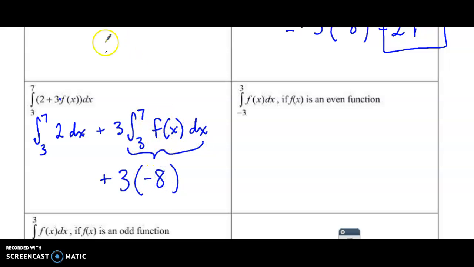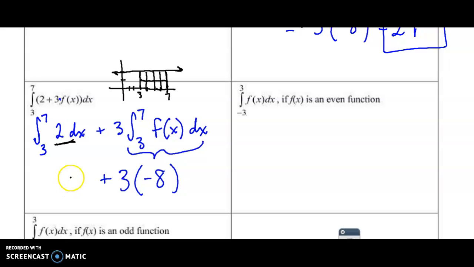But let me explain with a picture what this actually means. Now remember, this just means that we have a horizontal line at y equals 2. And we want to go from x equals 3 to 4, 5, 6, 7. So from 3 to 7, we have a little picture right here, and the area is 8. It's 4 times 2.